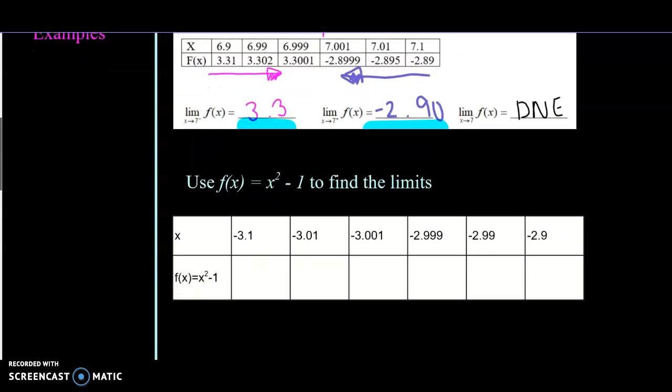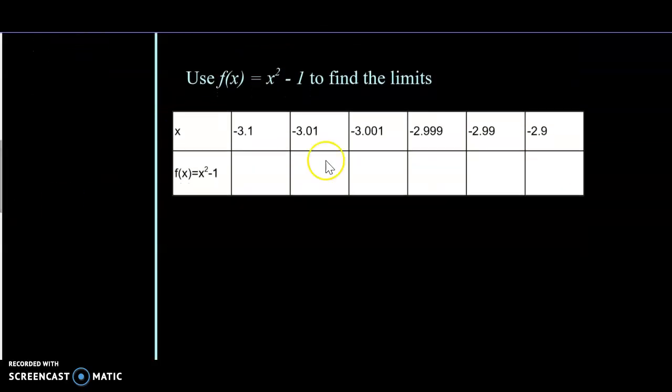So if you notice, we have here now x squared minus 1. Our table is not filled in, so you have to fill it in. And how do I fill it in? For x, each time I'm going to put in negative 3.1. So I'm basically replacing x with negative 3.1 squared minus 1. Then I'm going to do that for the next one.